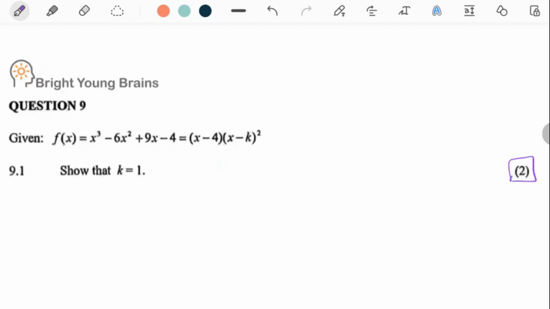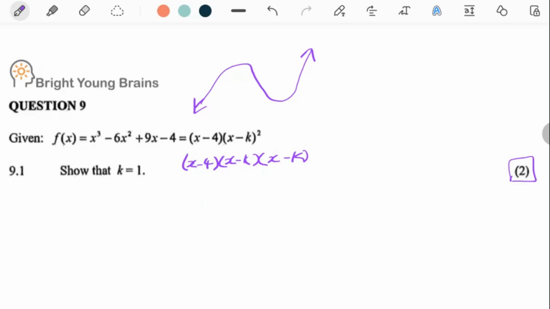Okay, that's very interesting. So with this kind of question, what you need to be careful of is the fact that firstly, basic knowledge will tell you that this is a cubic function that starts by going up, down, and then up again. Another thing is that you have 2 brackets here that are identical, x minus k, x minus k, and then this is an individual bracket.